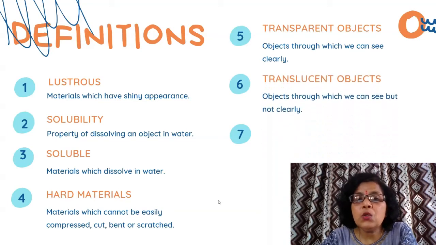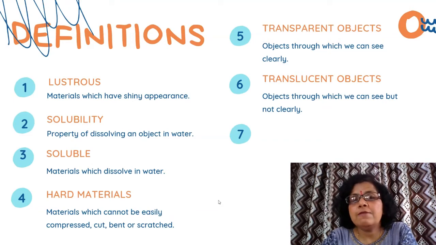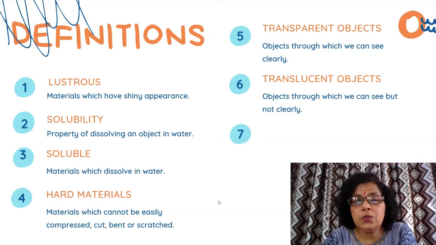Now, translucent. Objects through which we can see but not clearly. Means a rough image will appear in front of us, but it will not be very clear. For example, take a paper, try to see through it. Can you do it?